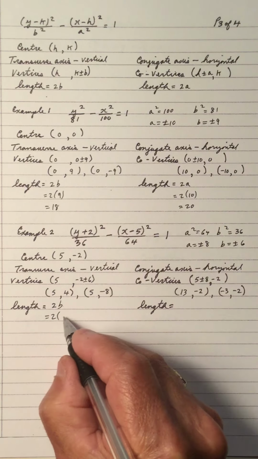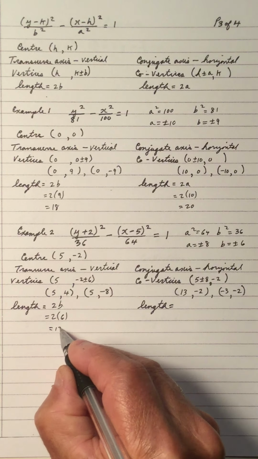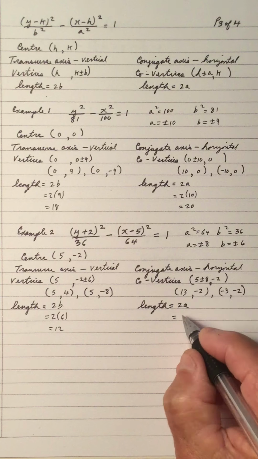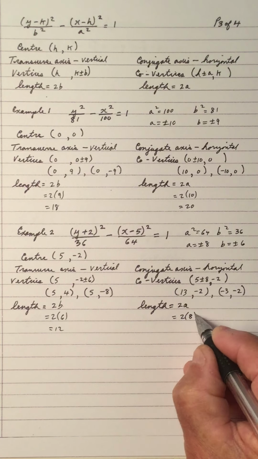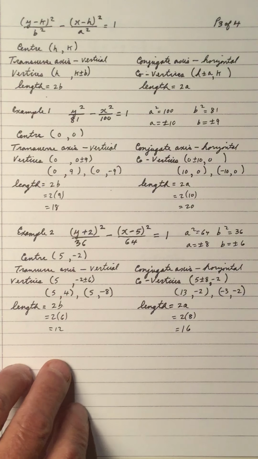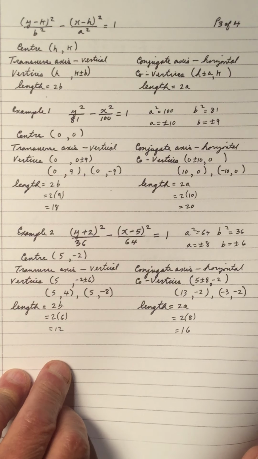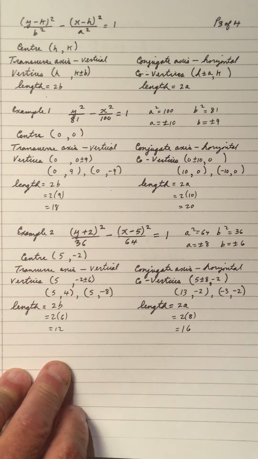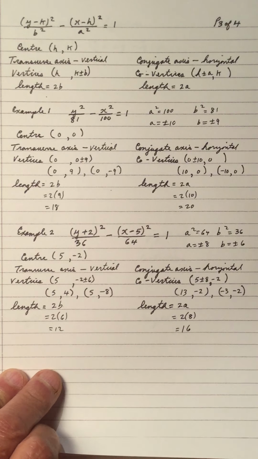B is 6, that gives us 12. And the horizontal axis is 2 times a, and a is 8, so 16. So hopefully you can see that the transverse axis and the conjugate axis, one is vertical and one is horizontal.